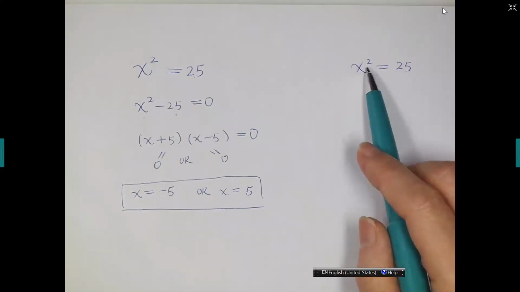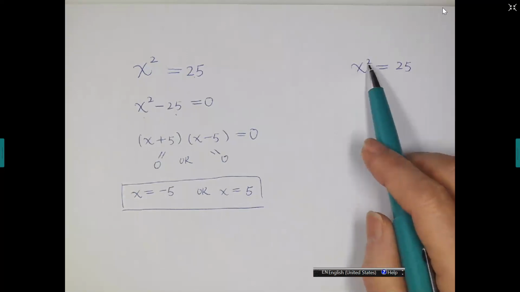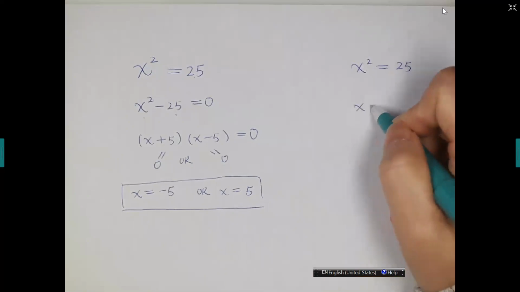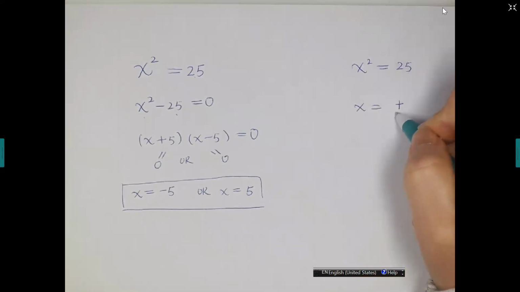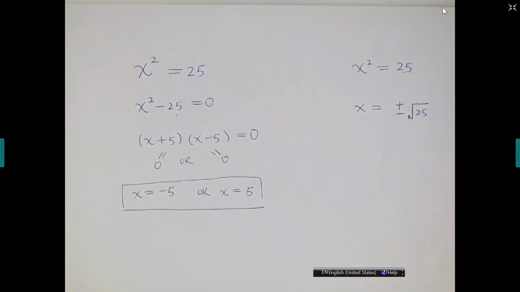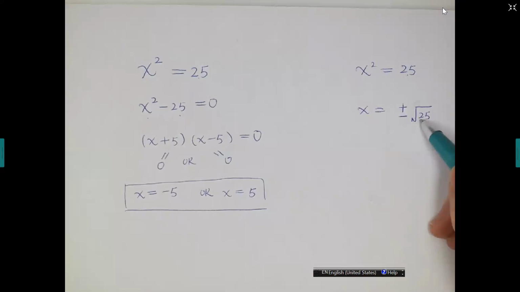The square root method tells us when we say x squared equals another number, then x will be equal to either positive or negative square root of this number here, 25. Okay, so we are not done yet because now we see the radical term. All radical terms should be simplified.